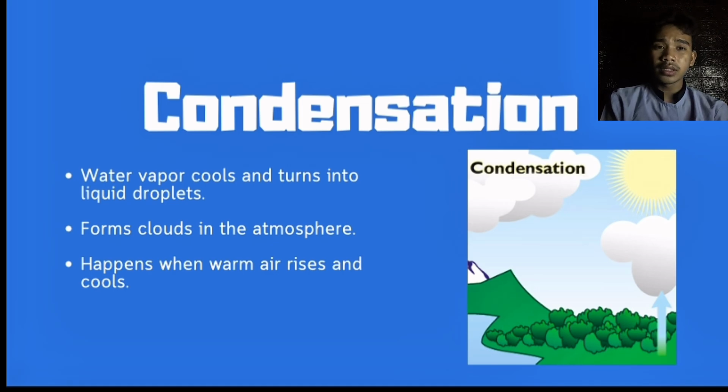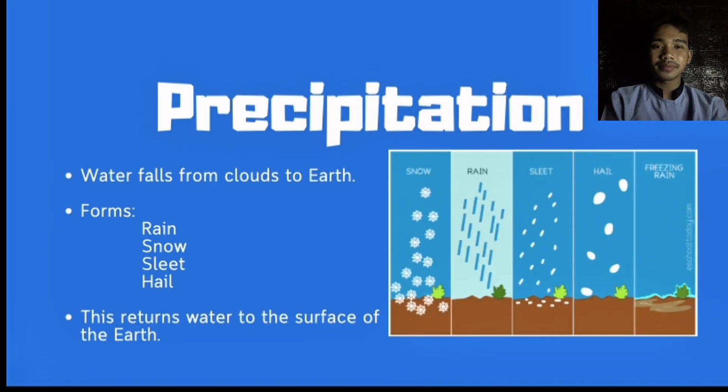When enough water droplets collect in the clouds, they eventually fall back to the earth through a process known as precipitation. Precipitation happens when the water droplets in clouds become too heavy to stay in the air.